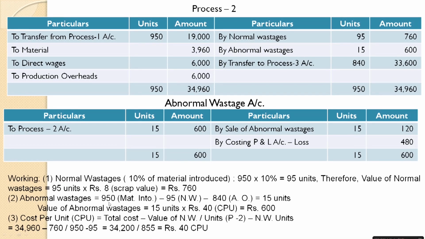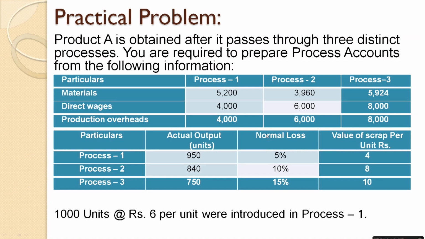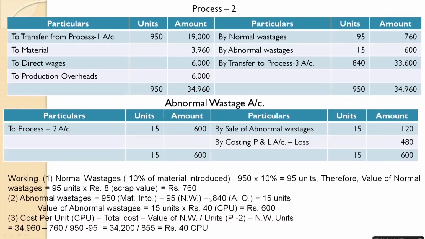Working number 2, very important. Abnormal wastage: 950 material introduced, minus 95 which is the normal wastage, and minus actual output. You can identify the actual output from the question: in the second table, actual output in front of process 2 is 840 units. So 840 units of actual output is also to be deducted from the total material introduced in process 2. So 950 minus 95 minus 840, the balance is 15 units.